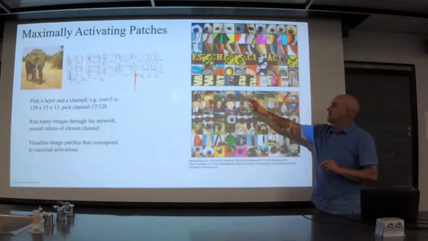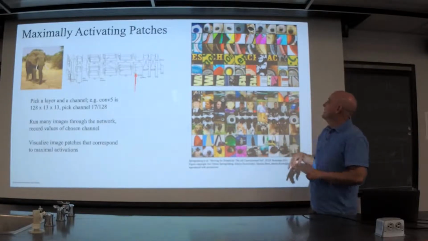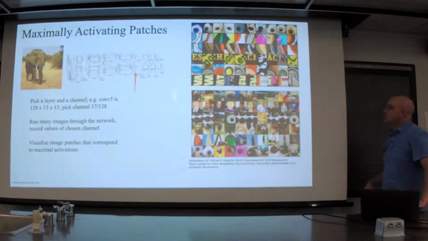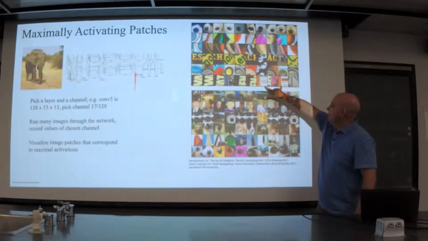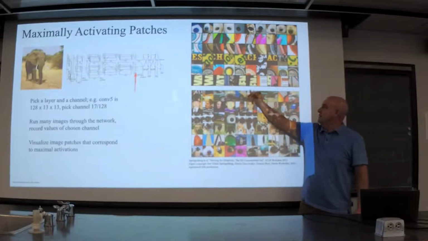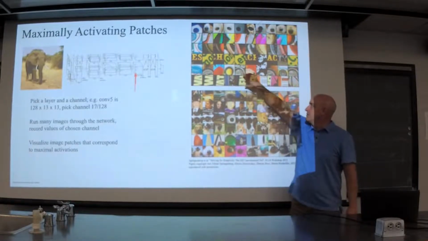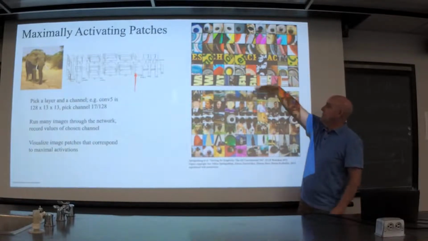So if you take this row right here, there seems to be something about this pattern of text, or at least the colors in that vertical orientation. There are other things that are also maximally activating it. So you can see that these are very different from these, but there seems to be a similarity in terms of how the image is divided up. There's a solid region that's narrower, fills the whole patch. And then there's a wider one. I don't know. Maybe it's lighter. I don't know.